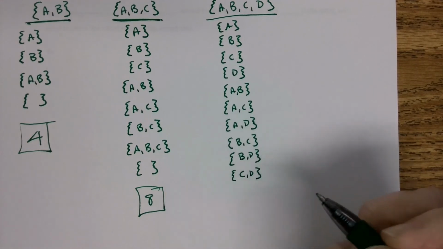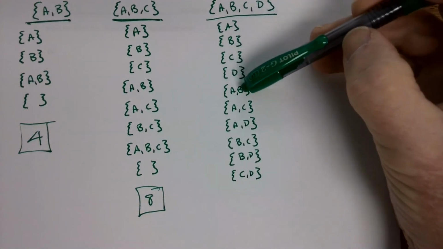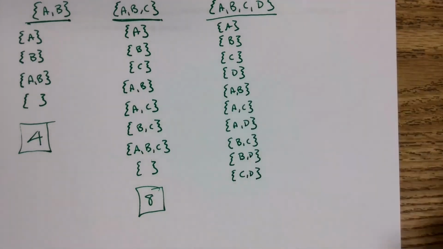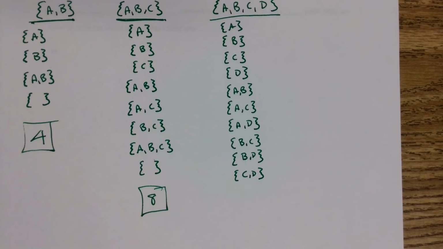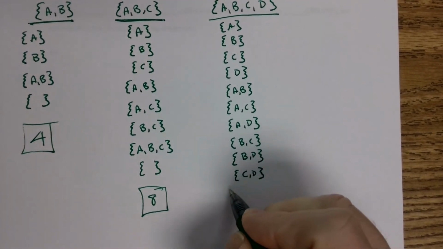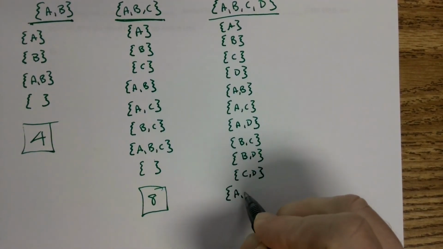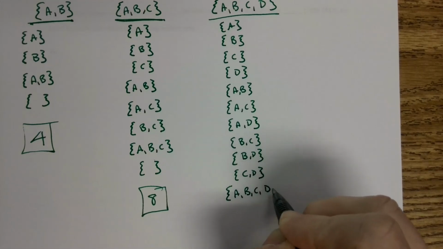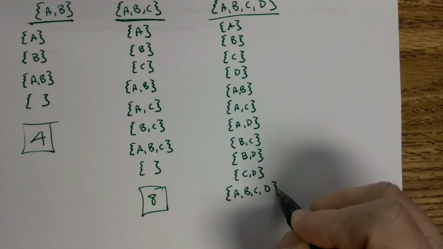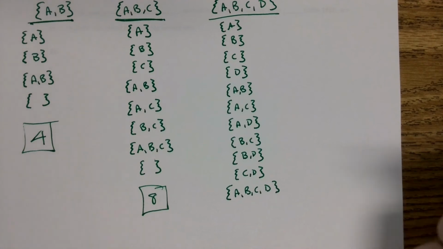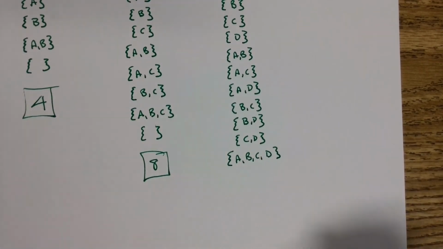Have I got my 12 yet? 1, 2, 3, 4, 5, 6, 7, 8, 9, 10. Got 10 of them. Oh, the full set and the empty set. Would that give me the 12? That gives me the 12.